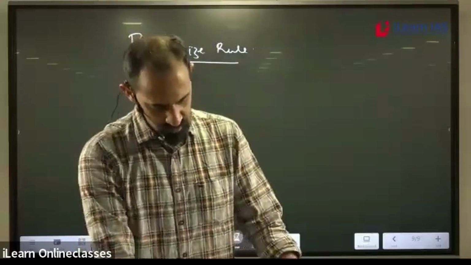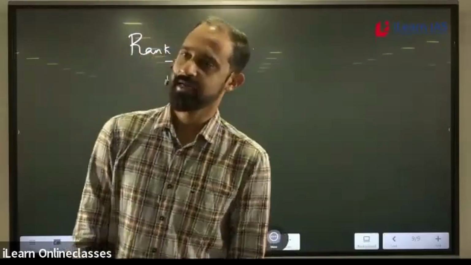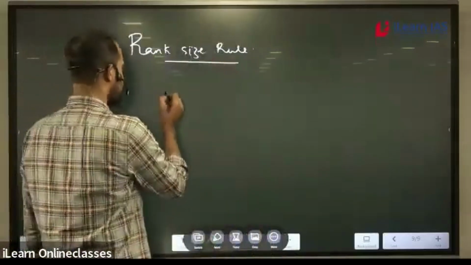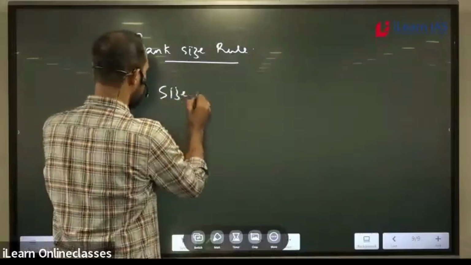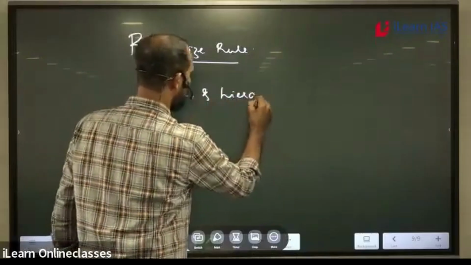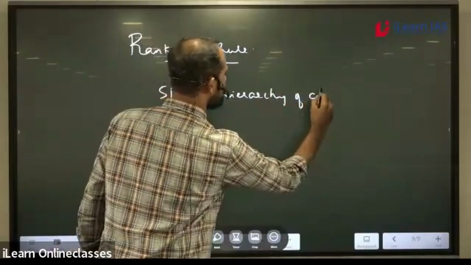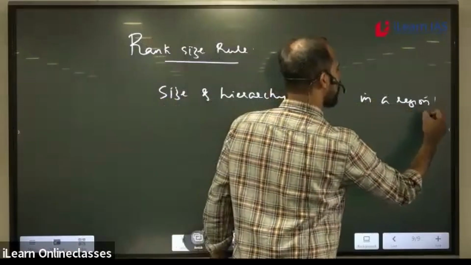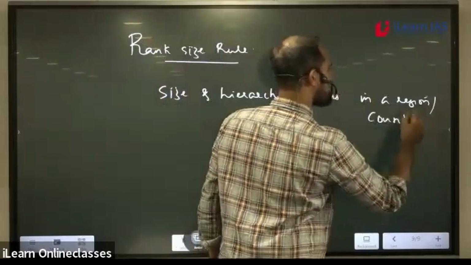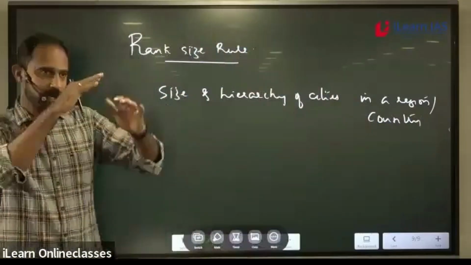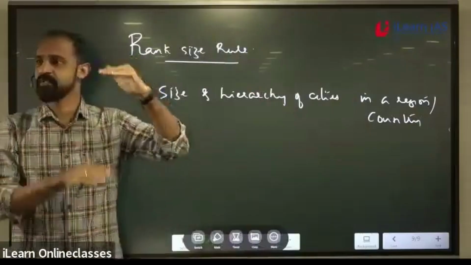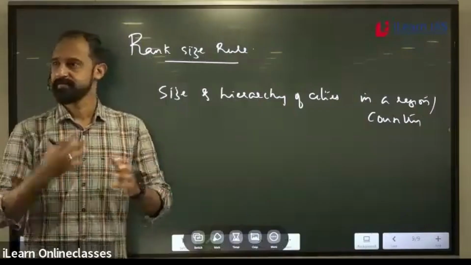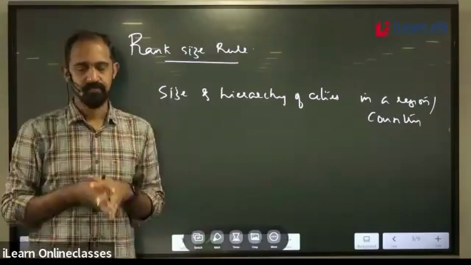The rank size rule is about the size and hierarchy of cities in a region or country. This rule will give you an idea about the hierarchy of cities in a particular region. You can take a state or a country or any region for that matter.